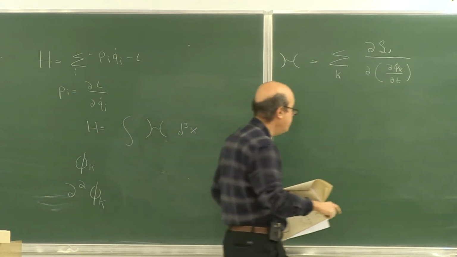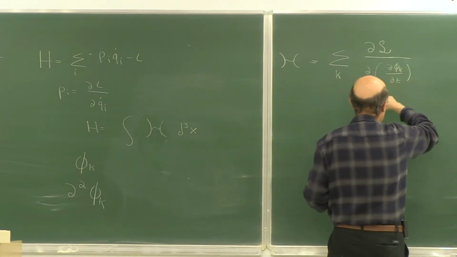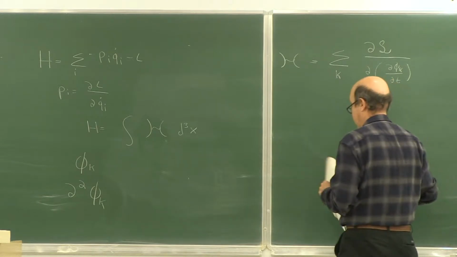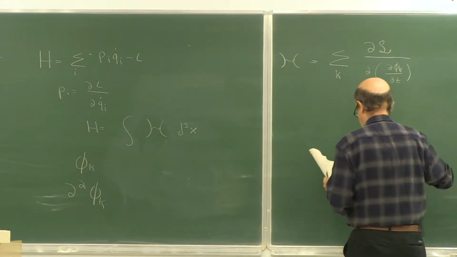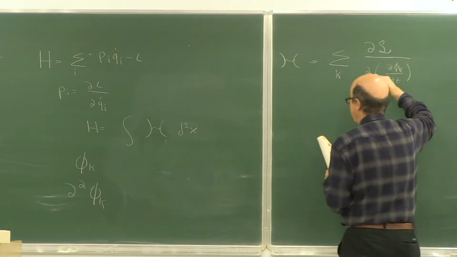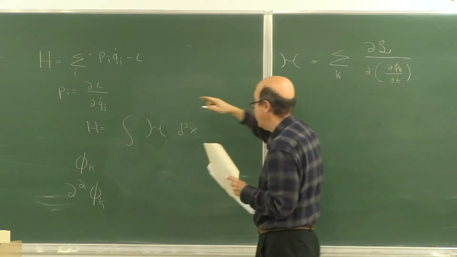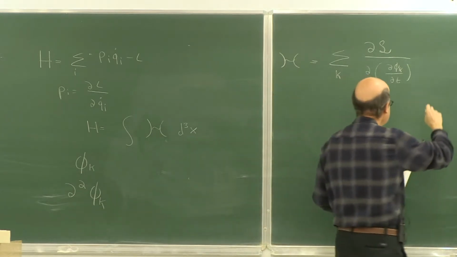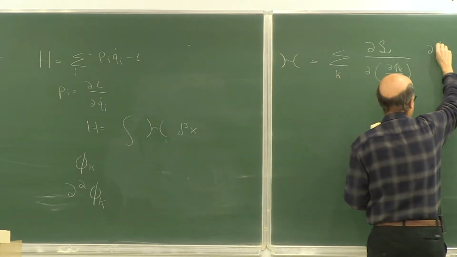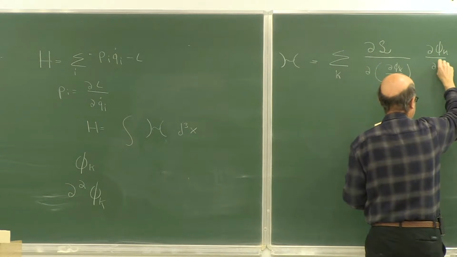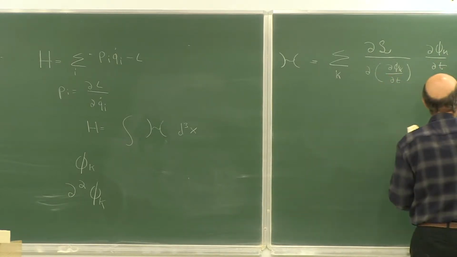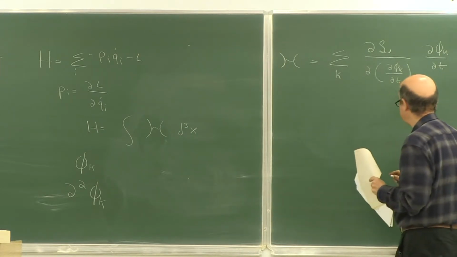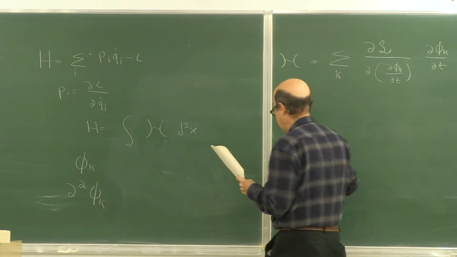At this moment we are taking the derivative of the field with respect to the time alone. So then this corresponds to Pi, and for Qi dot we can write del phi k over del t, minus the Lagrangian density. So this is the Hamiltonian density.